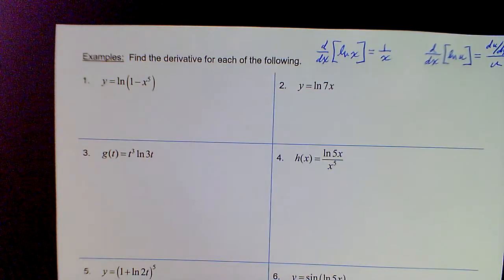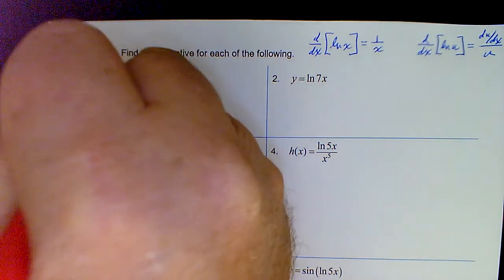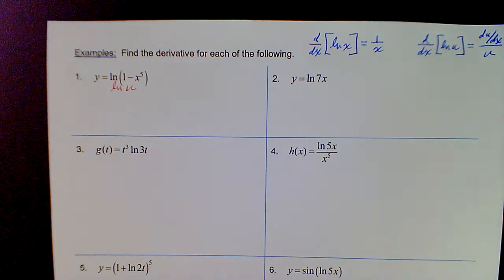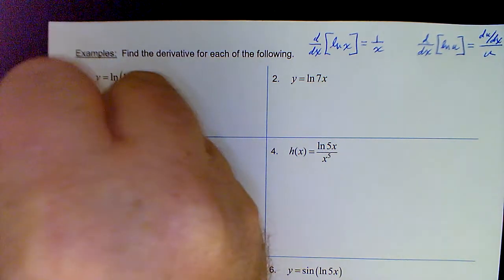So for our first example, it's identically fitting that form for the natural log of u. And so dy dx, y prime, whatever you prefer.